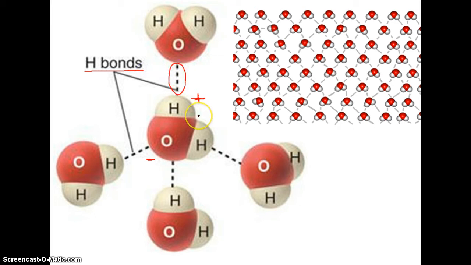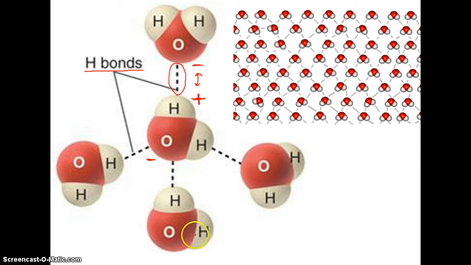Those dotted lines right there represent hydrogen bonds. What's going on here is this oxygen up here has that slightly negative charge because it's hogging some electrons. This hydrogen down here has that slightly positive charge because it's not totally giving up, but it's losing some of its electrons. And those two opposite charges attract each other.